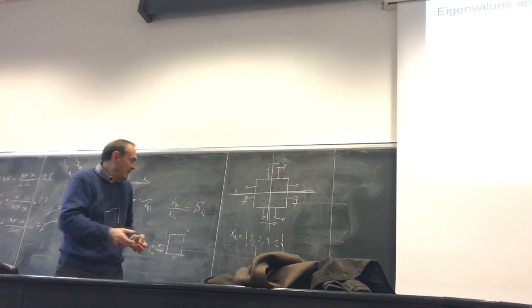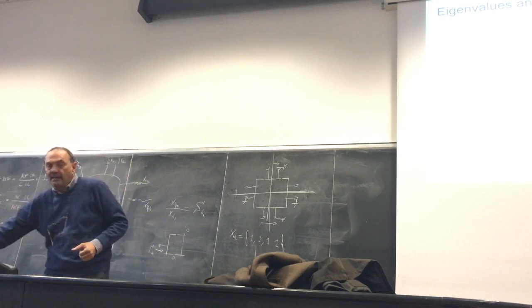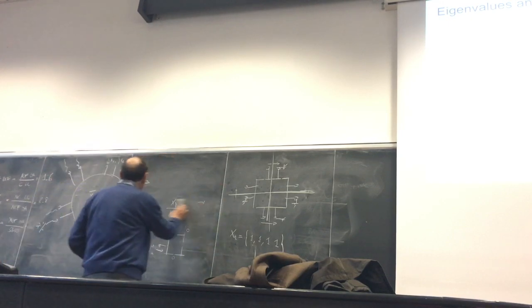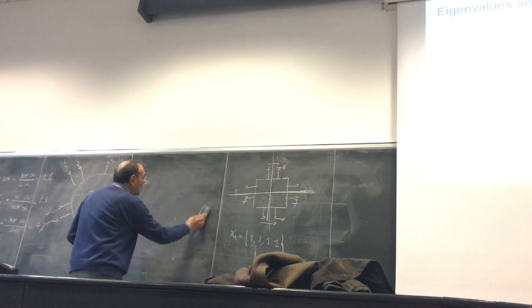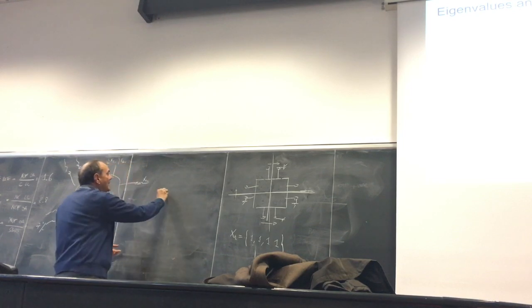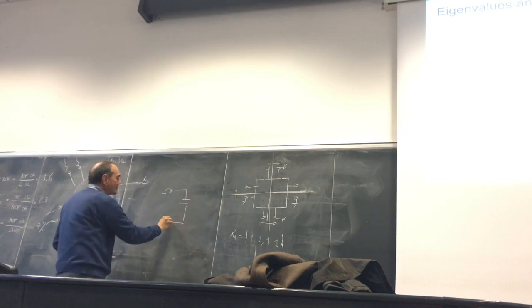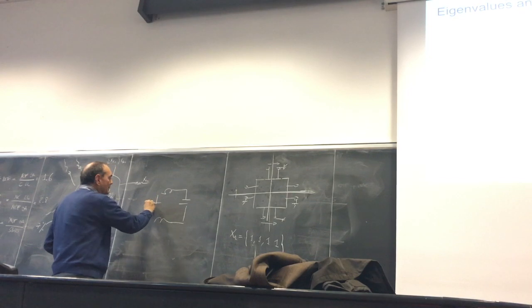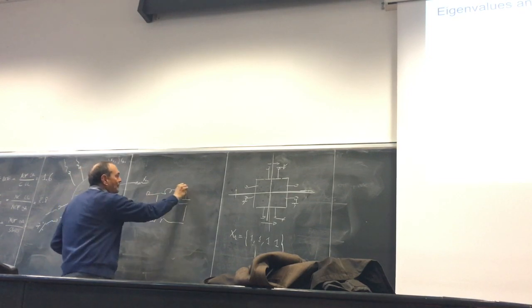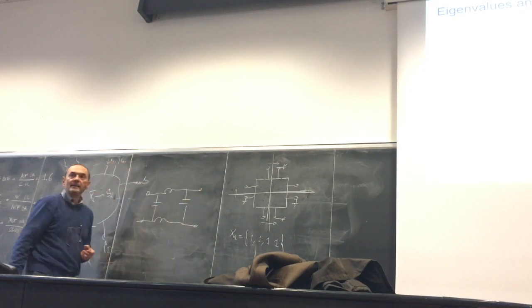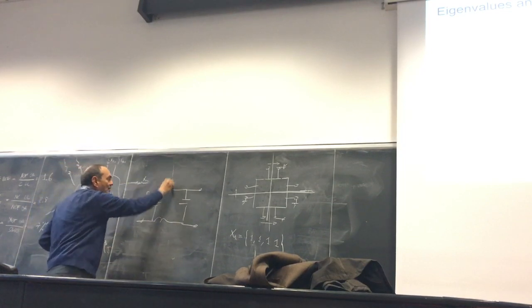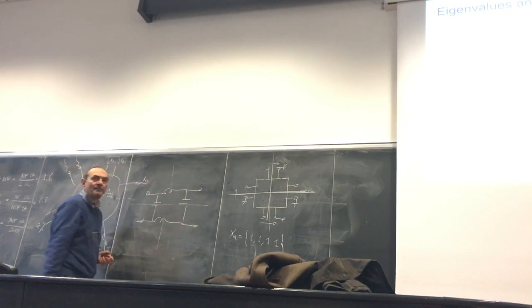Okay? The example is trivial. Let's suppose that you have to do with a network like this one. This is a 4-port network, okay? What are the eigenvalues? These are the two planes, okay?